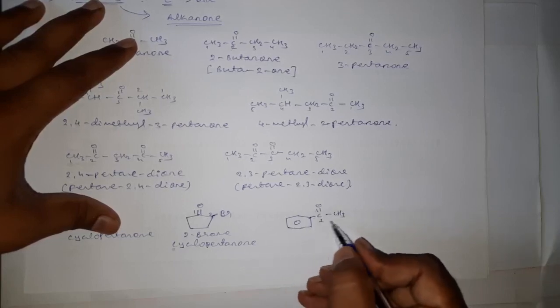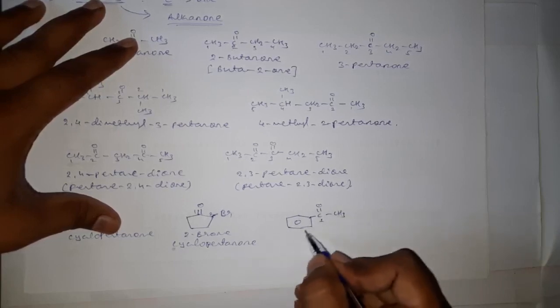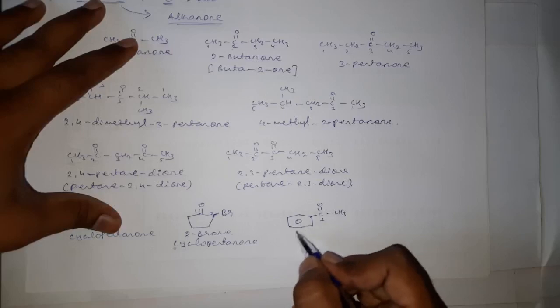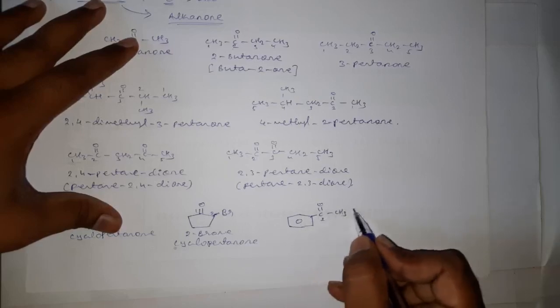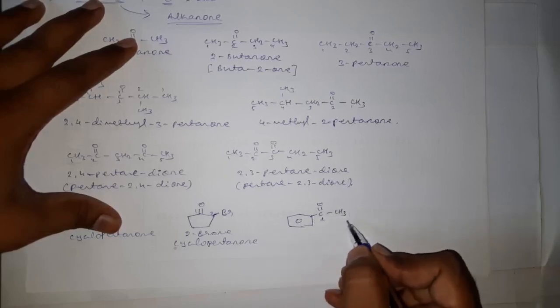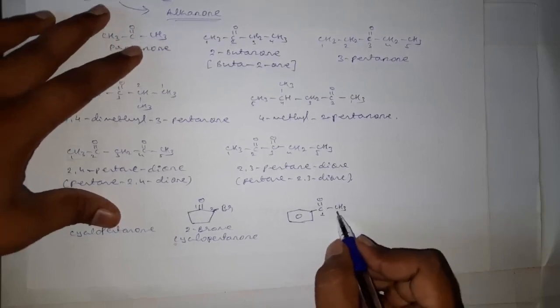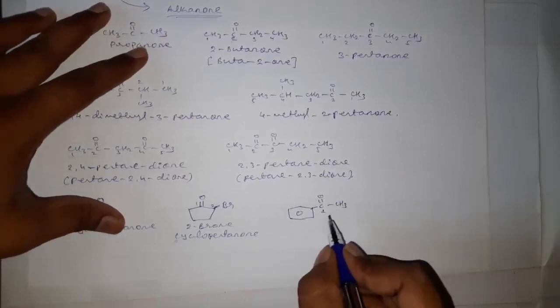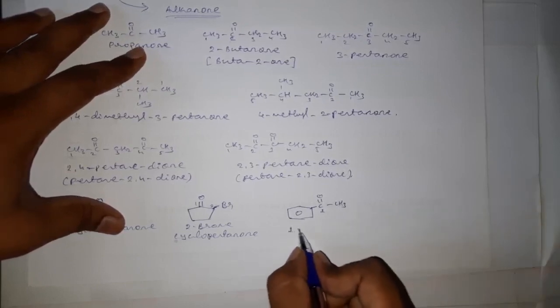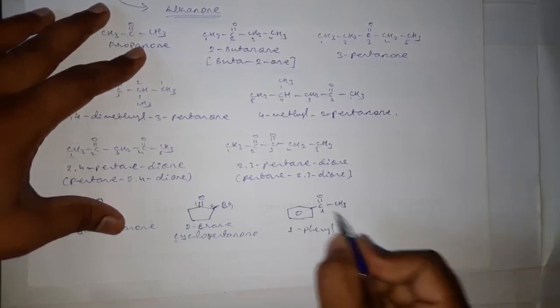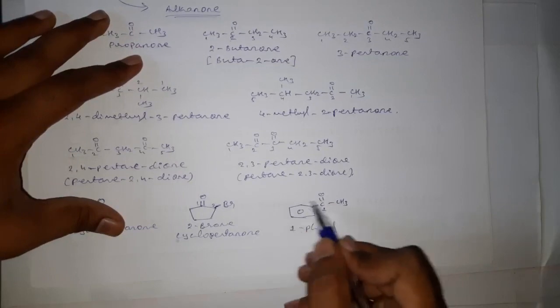Sorry, this is considered as a substituent, this is considered as a substituent, and this one becomes the parent chain, and it is ethane, correct? And here the IUPAC name for this one is what? 1-phenyl. First we have to name the substituent.